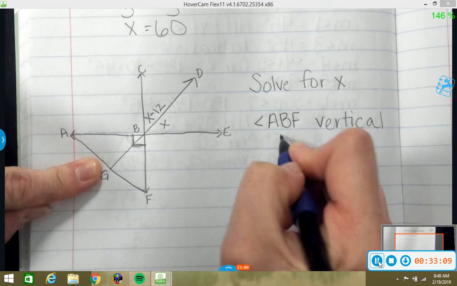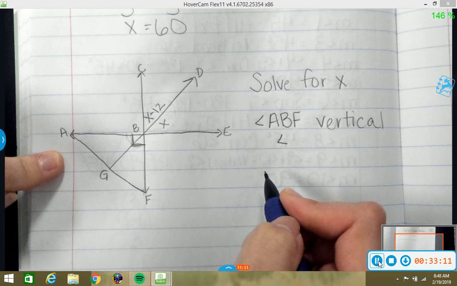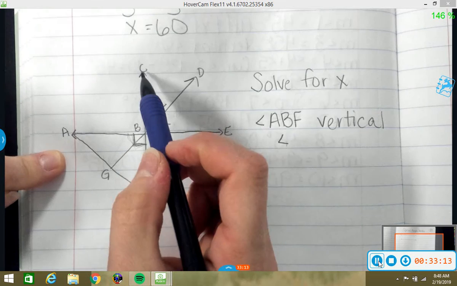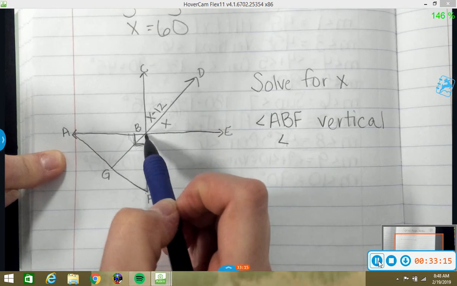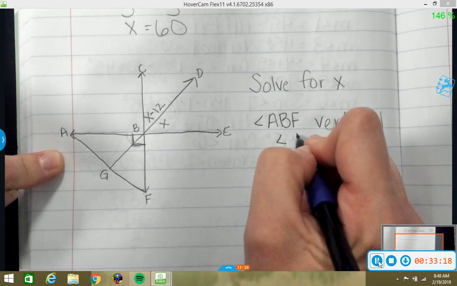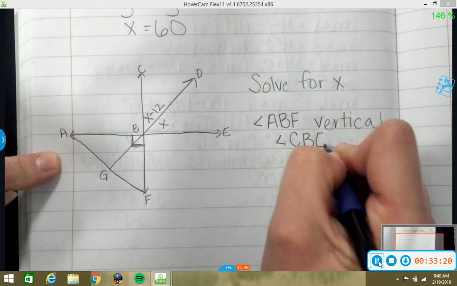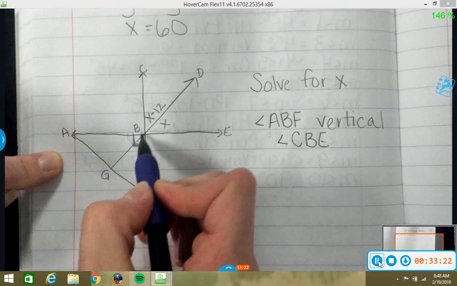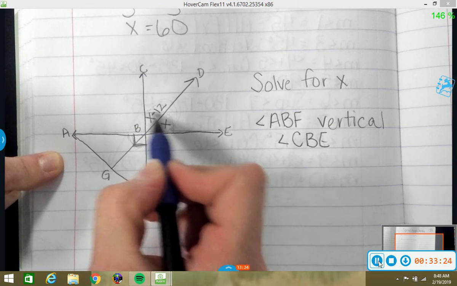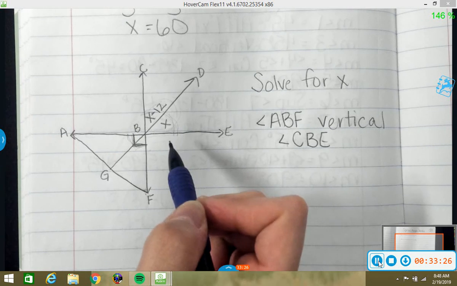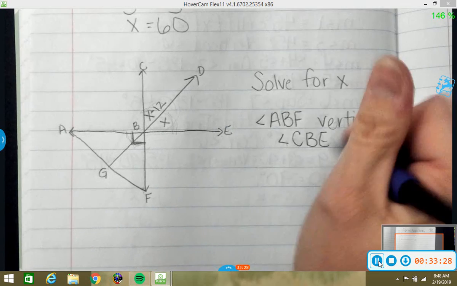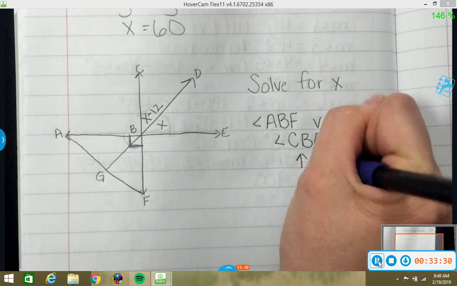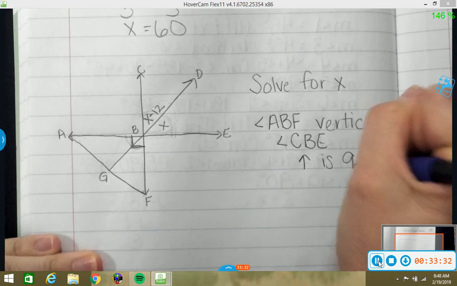So it's vertical to what is the other angle that it's vertical to? CBE. So it's vertical to angle CBE. So it's vertical to this whole angle. Well, what do we know then about angle CBE? So it is 90 degrees.